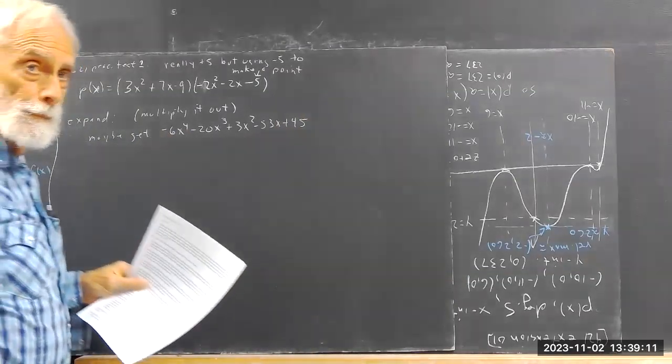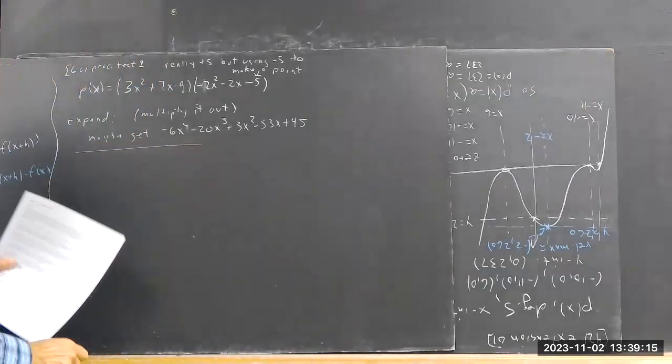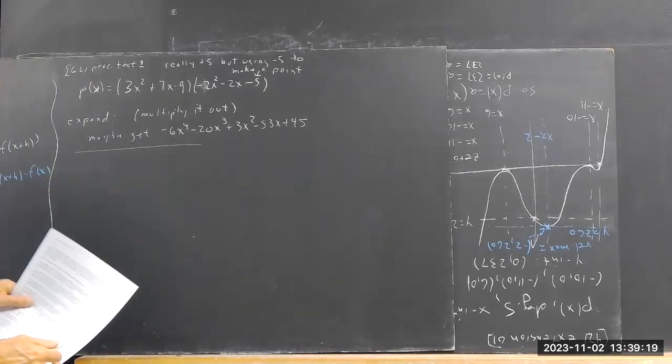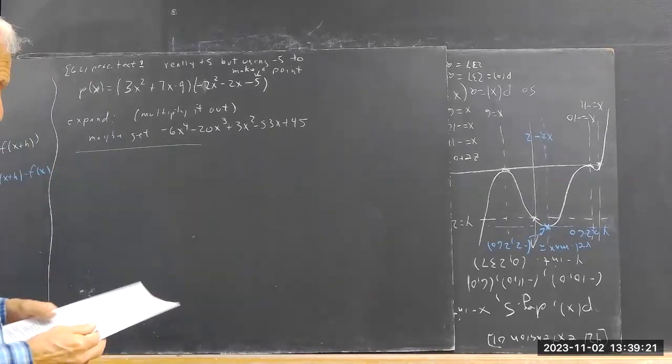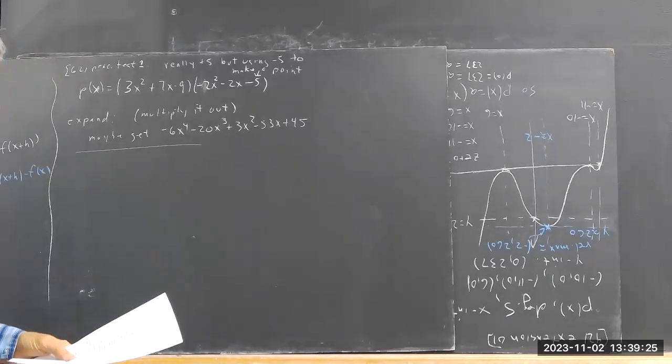Now you can do that in whatever way, but show me the steps if you do. So I asked you to expand it. And then I said, okay, now determine how many x-intercepts.